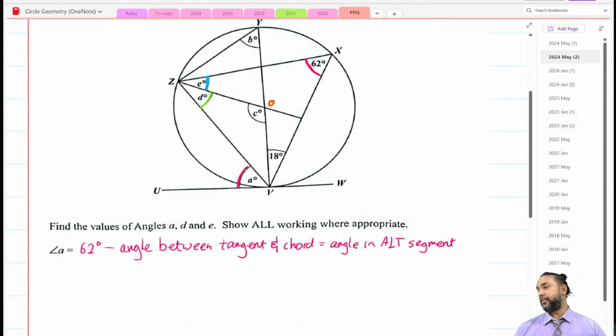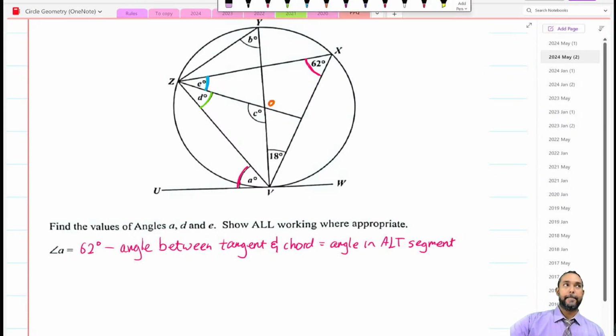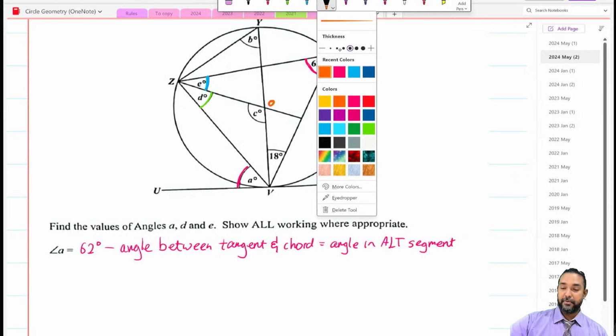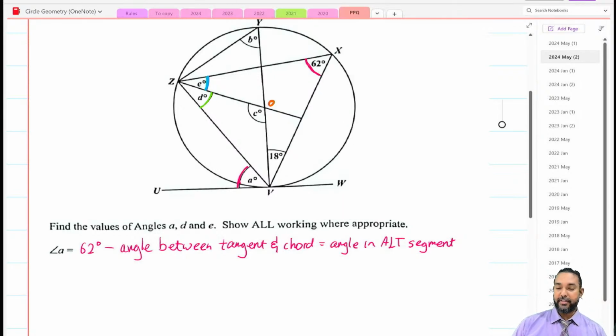Now, angle D. Any thoughts on angle D? Yeah, let me give Khalifa a chance. No? You sure? Okay, go ahead. Right, if it is a diameter. Right, so you're saying from here, O to V is a radius.